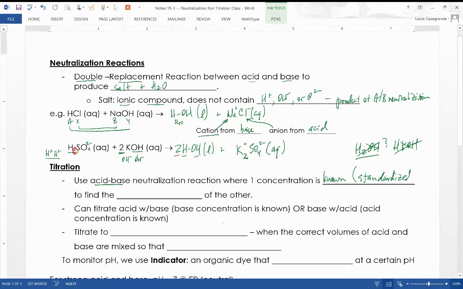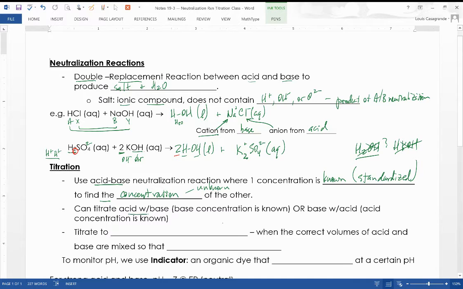I will have taken care of standardizing the base for you, or I would have anyway if it was a real lab. And we're going to find the concentration of the other, and remember, that concentration is unknown.